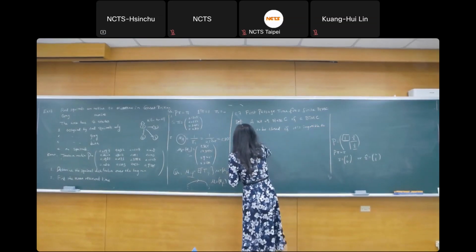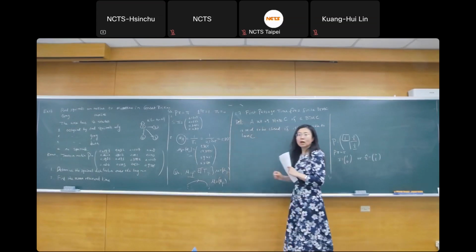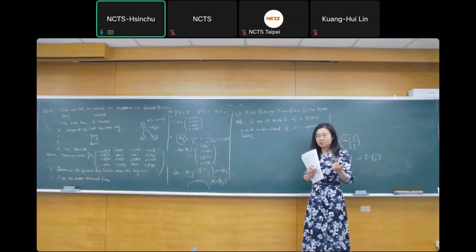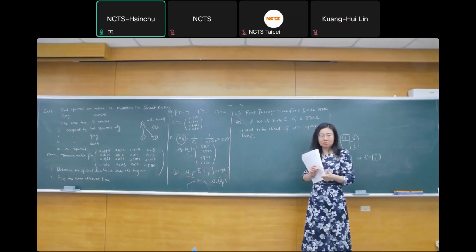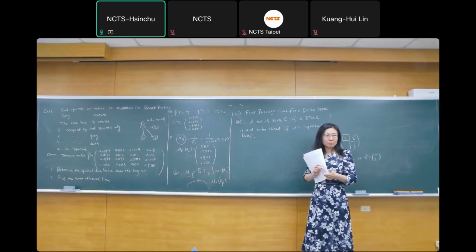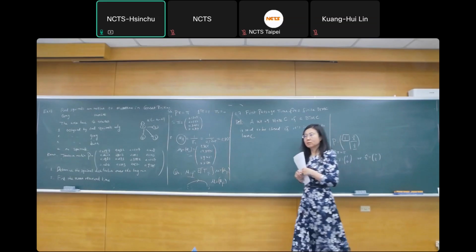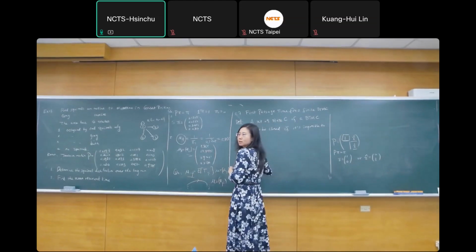Mathematically, what does this mean? I have all the possible states for my DTMC, and here C is a subset. I'm saying this subset C is closed. How do we mathematically capture that it's not possible to leave C?